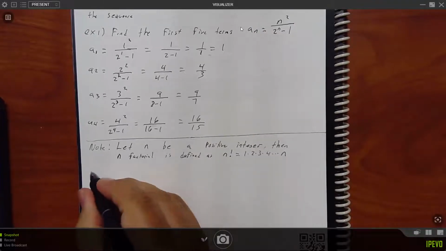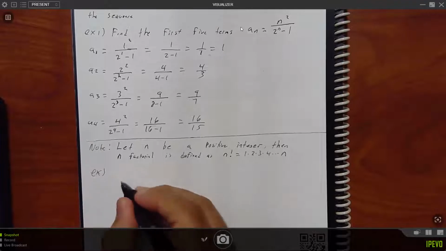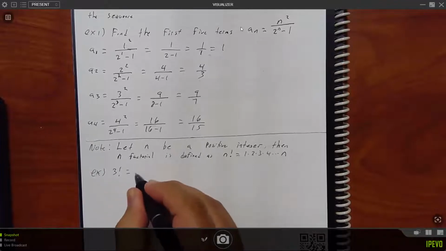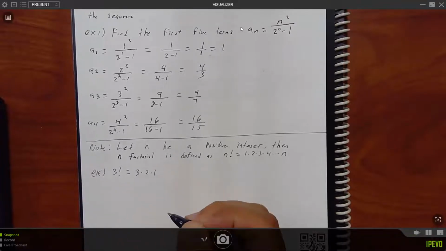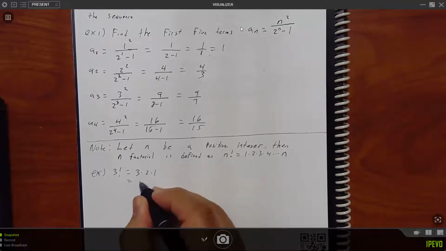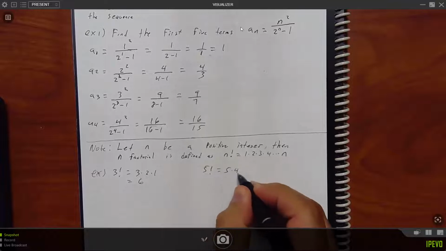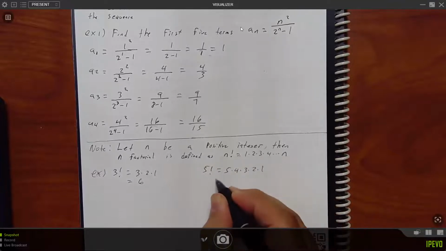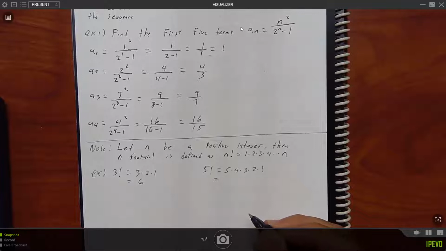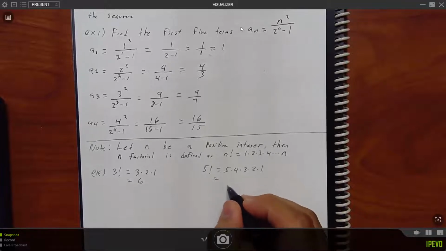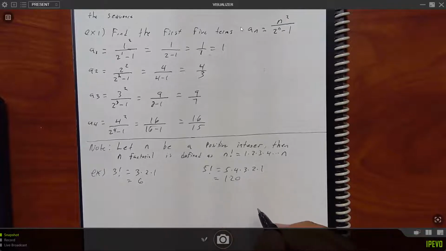So for example, 3 factorial means 3 times 2 times 1, which is 6. 5 factorial is 5 times 4 times 3 times 2 times 1, which is what? 120, right?